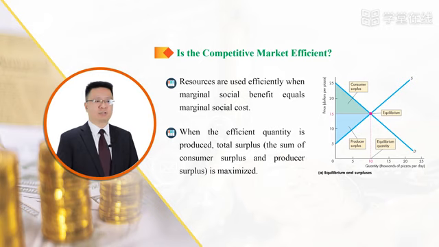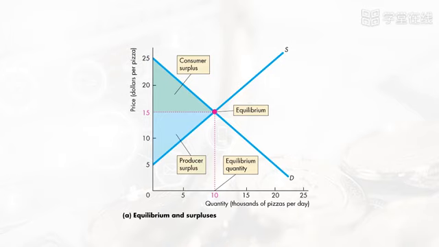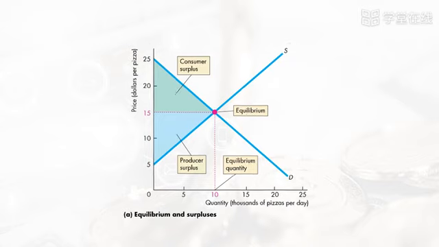When production is equal to the equilibrium quantity, MSC equals MSB. Resources are used efficiently when marginal social benefit equals marginal social cost. When the efficient quantity is produced, total surplus, the sum of consumer surplus and producer surplus, is maximized.